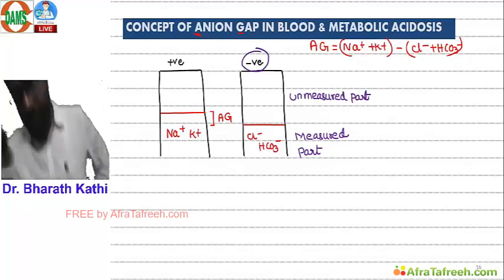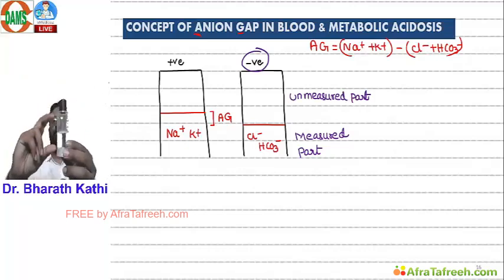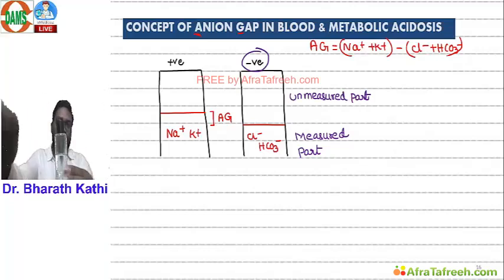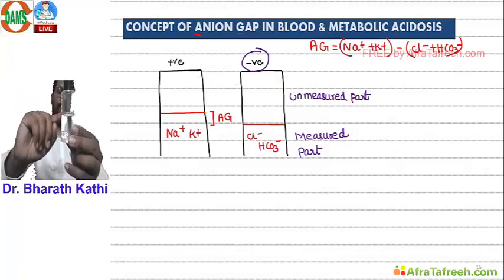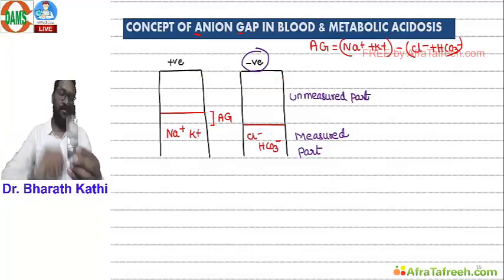Say for example, this is the negative compartment. Whatever you see up to here is the measured part. This is the unmeasured part. Now because of some disease, if the measured part is decreasing, automatically the unmeasured part will increase.